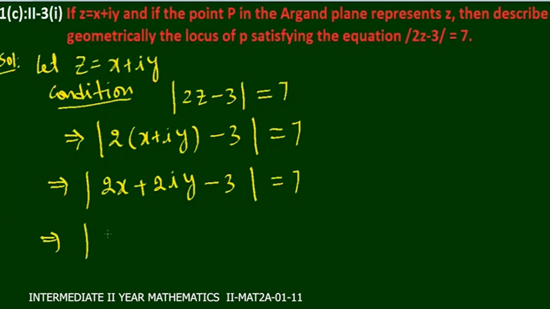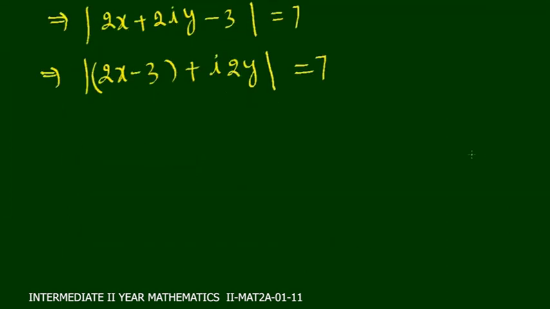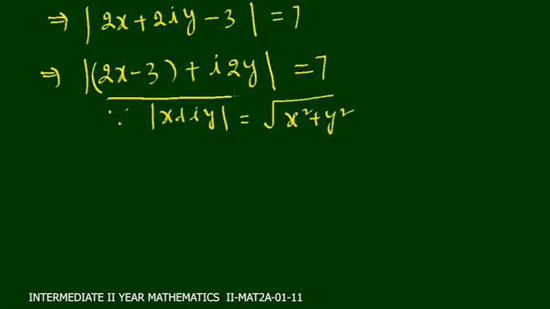2x minus 3, the real part I am separating, plus i times 2y, mod is equal to 7. Since the modulus of x plus iy is equal to under root x square plus y square, we know this.